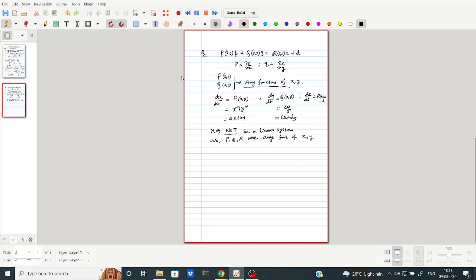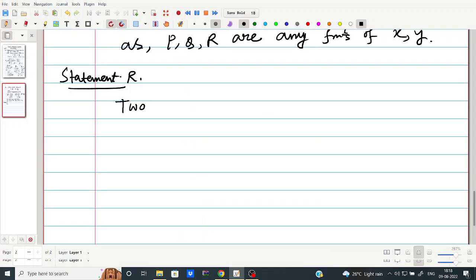Okay, let me write. Statement R is saying that if two integral surfaces intersect, then they intersect along a characteristic curve. You are saying yes, but the answer is no actually, because two integral surfaces may not necessarily intersect along a characteristic curve. They may intersect along a surface also.